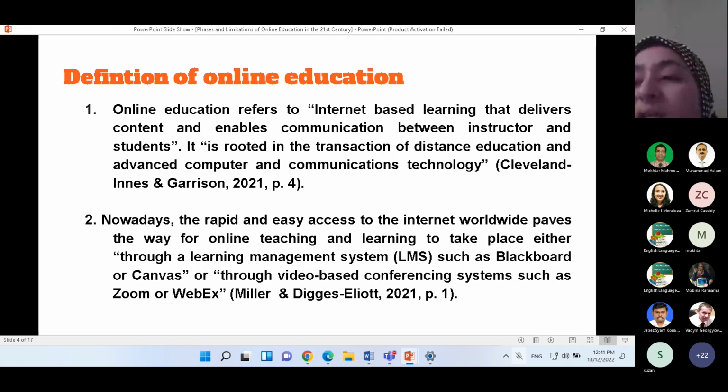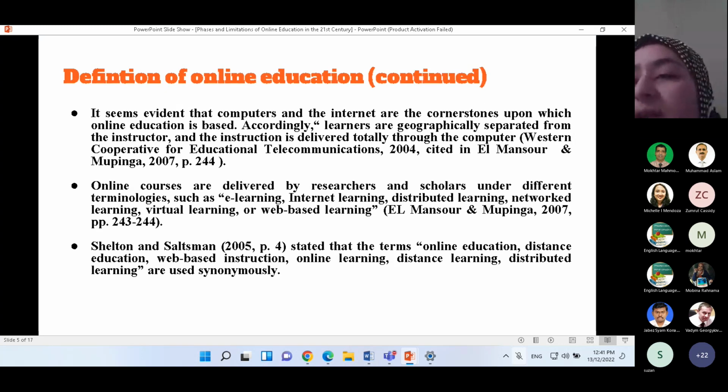Next slide, please. It seems evident that computers and the internet are the cornerstones upon which online education is based. Indeed, learners are geographically separated from the instructor, and the instruction is delivered totally through the computer. Online courses are described by researchers and scholars under different terminologies such as e-learning, internet learning, distributed learning, network learning, virtual learning, or web-based learning.